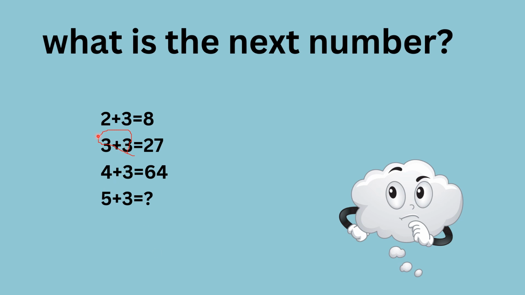You can just say, if 2 to the power of 3 plus 3 is 8, it means that they are doing 2 to the power of 3 plus 3 and minus 3, which will give you 8, because this one will cancel anyway.